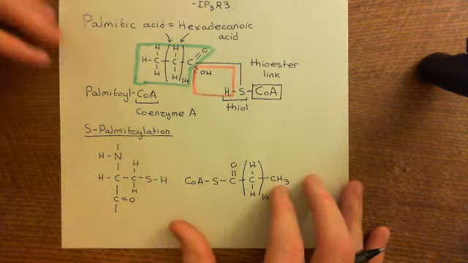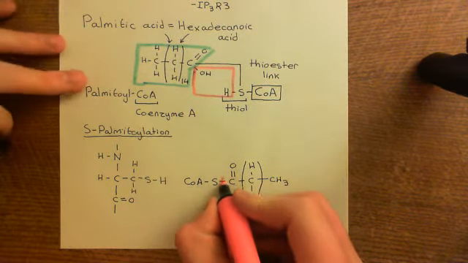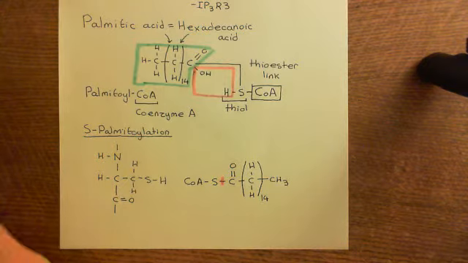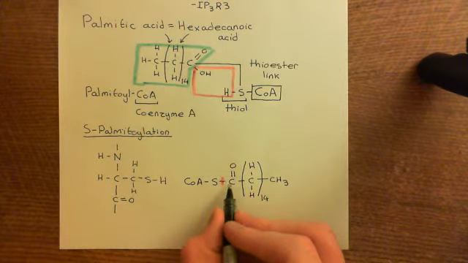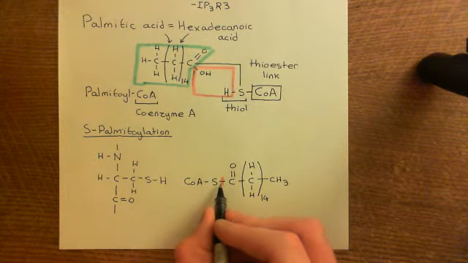Right, and what we're going to do is break this bond between the carbon and the sulfur atom here, and covalent bonds, remember, consist of 2 electrons, one from each of the 2 members of the bond. So this bond will have an electron from the carbon atom and an electron from the sulfur atom.